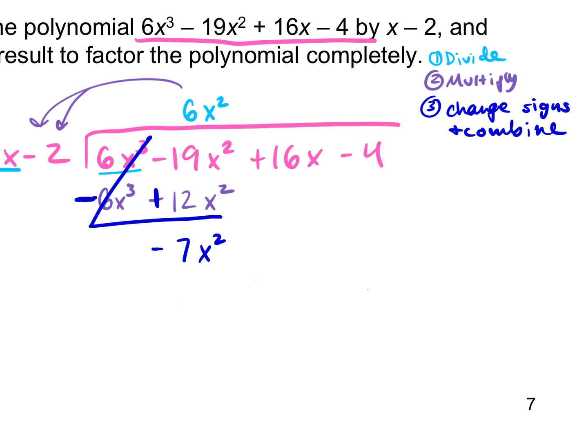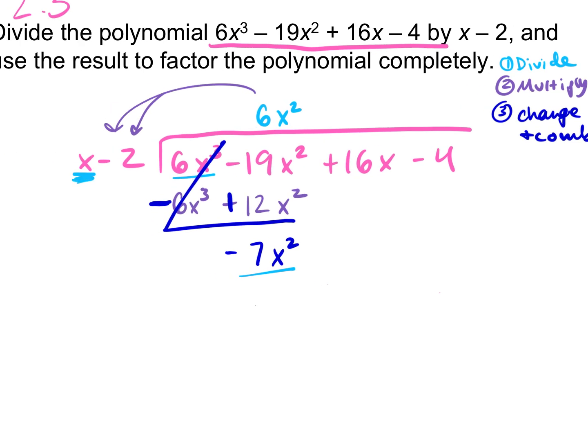Now we do the same steps again. So I'm going to start from the top. We're going to divide. What's negative 7x squared divided by x? Negative 7x. Awesome. I'm going to write that x term right on top of the 16x. I'm going to keep my like terms in line. Now negative 7x, we're going to multiply times everything out front.